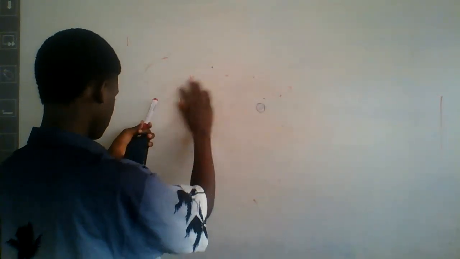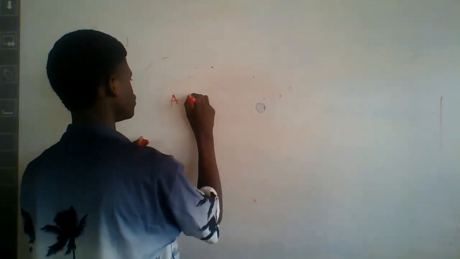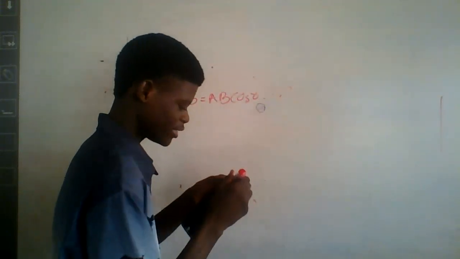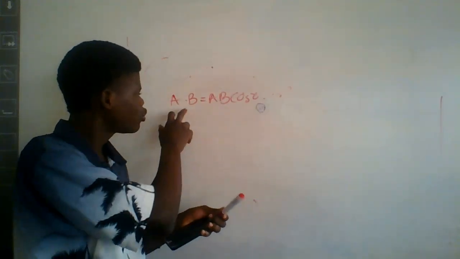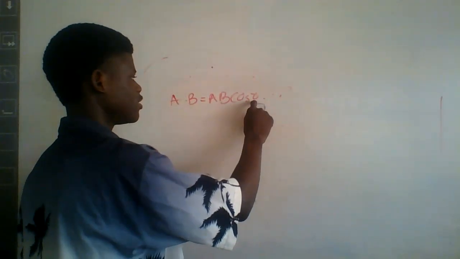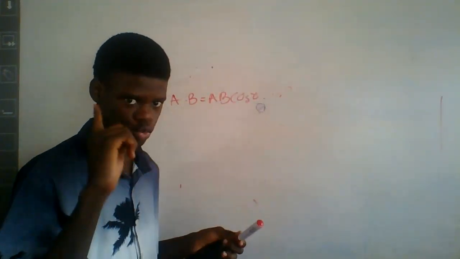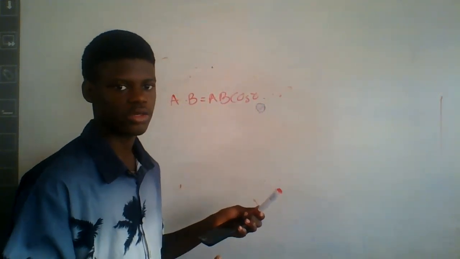Question 11 says the scalar product of two vectors, also called the dot product, is maximum when, so let's analyze that. A dot B is equal to AB cos theta. The product is going to be maximum when cos theta is 1, because cos theta cannot pass 1.